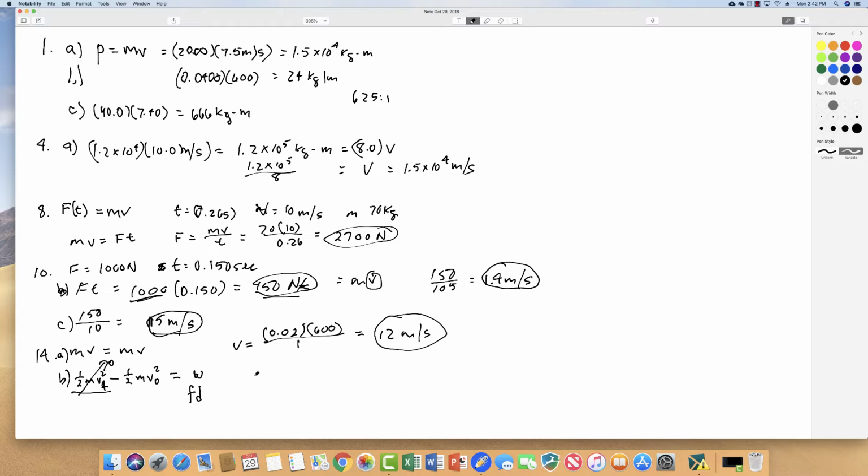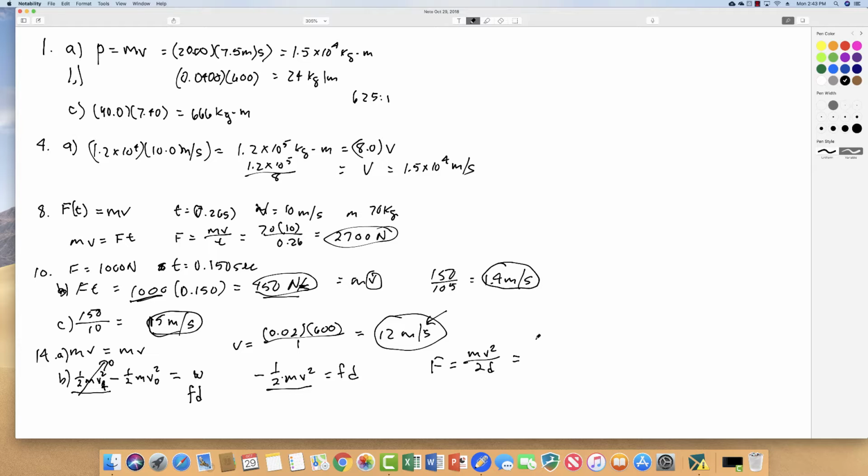So what you end up with is minus 1/2 mv squared, well, let's do it this way, is equal to Fd. And so that means that if we solve this for the force, that's going to equal mv squared over 2d. And we found that this was the velocity.